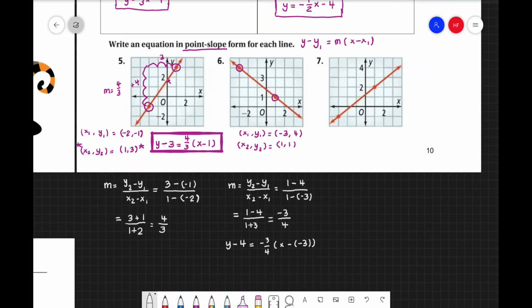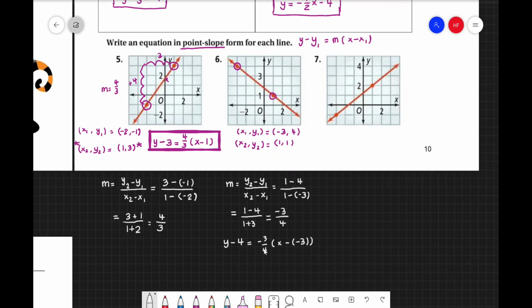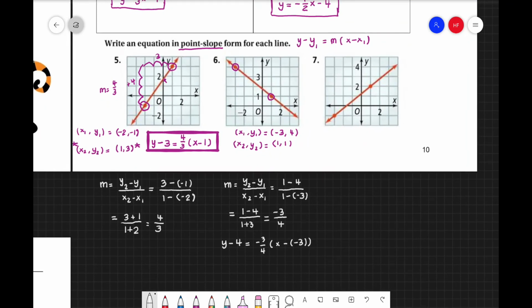I see a double negative, so I'm going to change that to plus. y minus 4 equals negative 3/4 times (x plus 3). And so this is my point slope form.